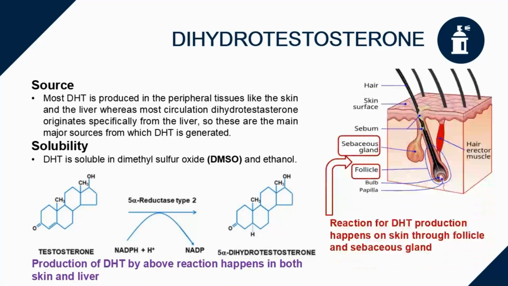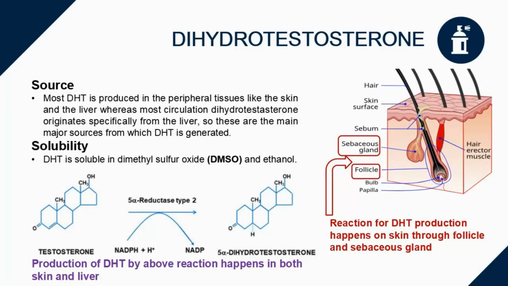Most DHT is produced in the peripheral tissues like the skin and the liver, whereas most circulating dihydrotestosterone originates specifically from the liver. So, these are the major sources from which dihydrotestosterone is generated.